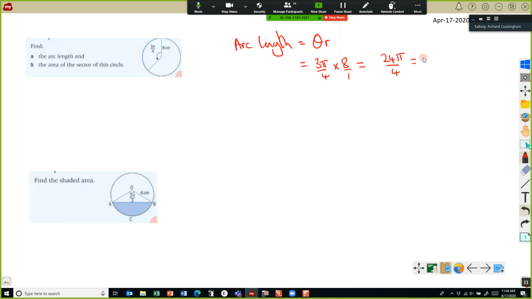What's 24 divided by 4? 6. So my arc length is 6 pi, okay? And that's in terms of pi, but if I wanted to actually work it out, it would be 18.8 centimeters to 1 decimal place. Easy enough?